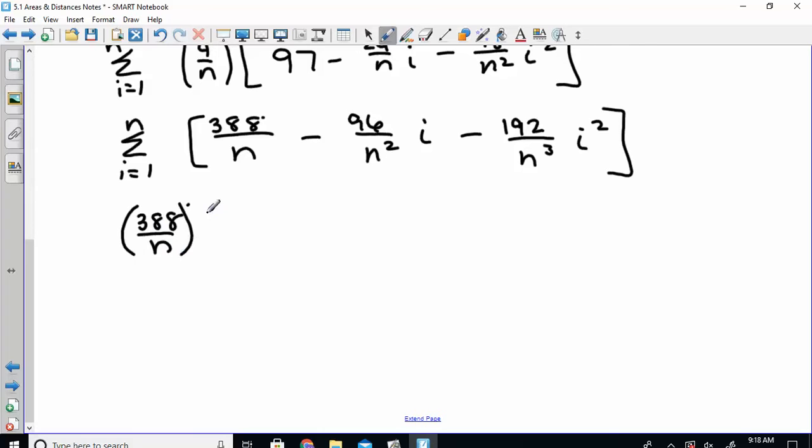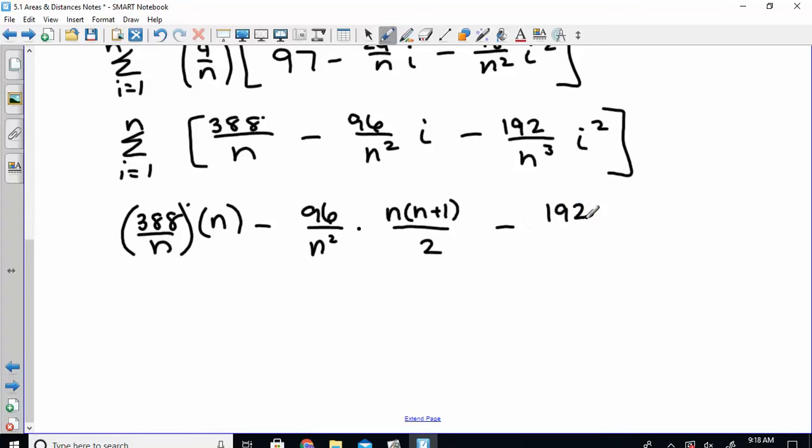So this just becomes 388 over n times n. 96 over n squared times the formula for i, which is n times n plus 1 over 2. And the formula for i squared is n times n plus 1 times 2n plus 1 over 6.